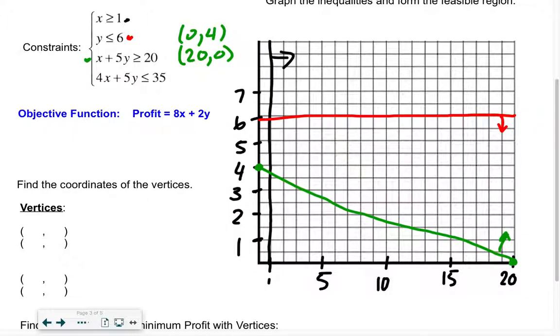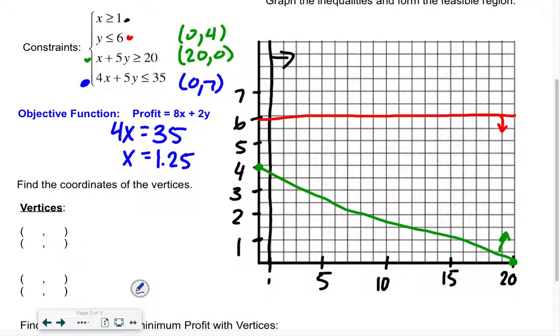Okay, this bottom, we good? This bottom line, I'm gonna do blue. Let's cover up our x first. So y is gonna be 7. So I have 0, 7. Figure out my x-intercept. I'm gonna write this one out. We got 4x equals 35. X equals 1.25.